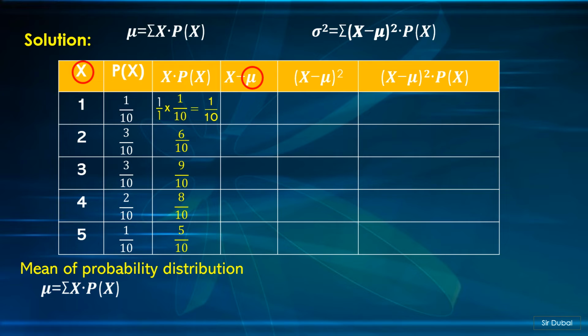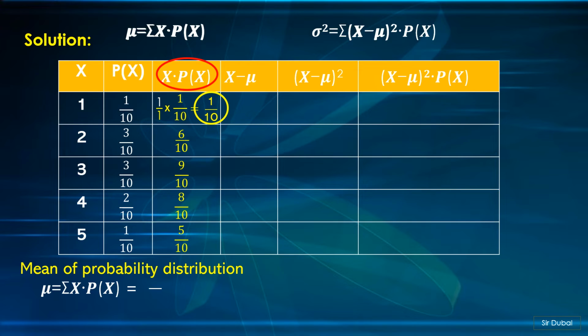The formula shows that we are going to get the summation of the product of the x and p of x. And we already know that we solved it already in that column above.